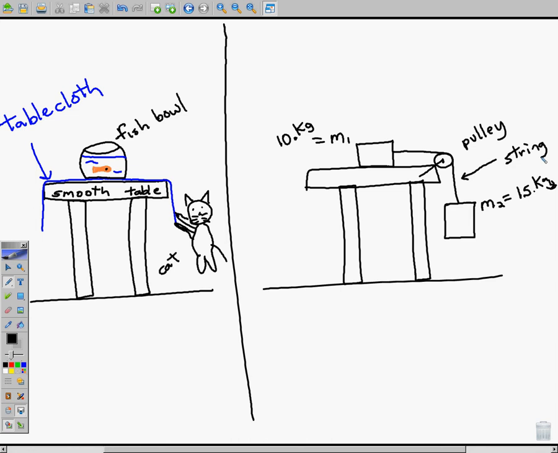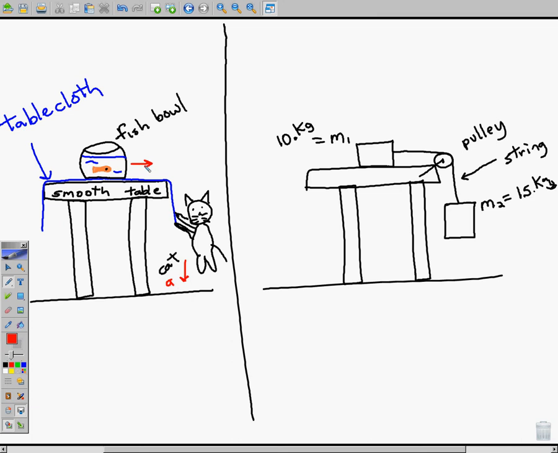And typically what you have to solve for is how fast the cat is going to be accelerating downward, which is exactly equal in magnitude to how fast the fishbowl is going to be accelerating to the right.